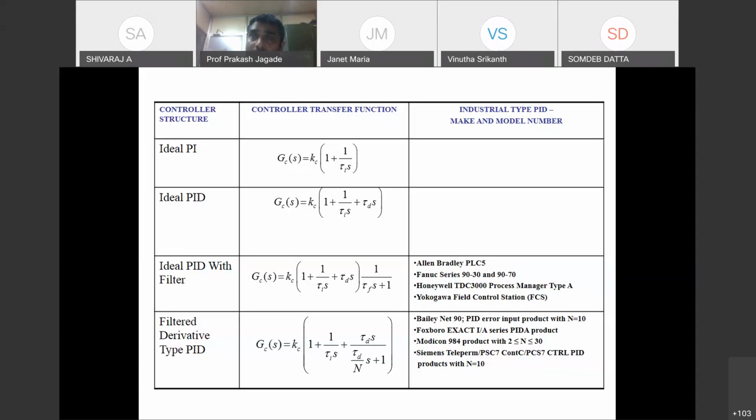So the corrective action, again, let me repeat, is based on the weighted combination of past, present, and future error, or I would say an anticipated error. That is the future error here.